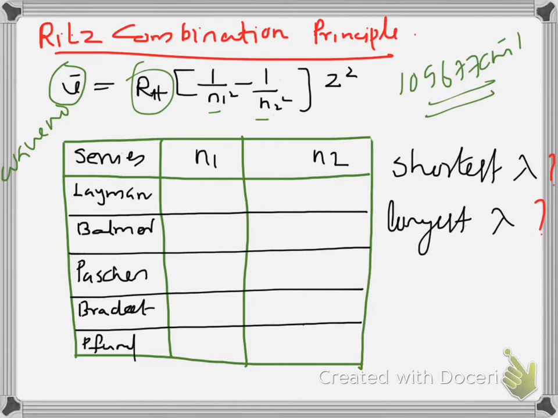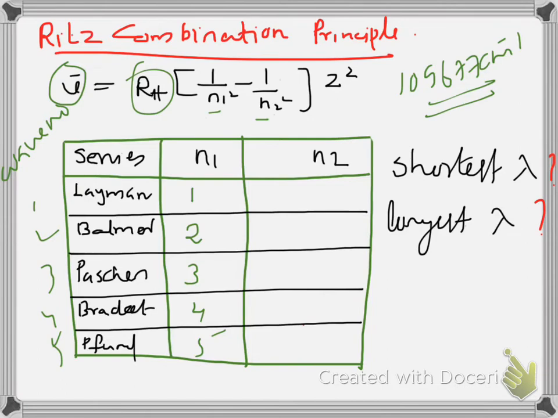As we have seen in the previous slide, we have Lyman, Balmer, Paschen, Brackett and Pfund series. If the line terminates at n1, it is Lyman. n equal to 1, Lyman. If it ends at the second level, it is Balmer. Third, fourth, fifth.